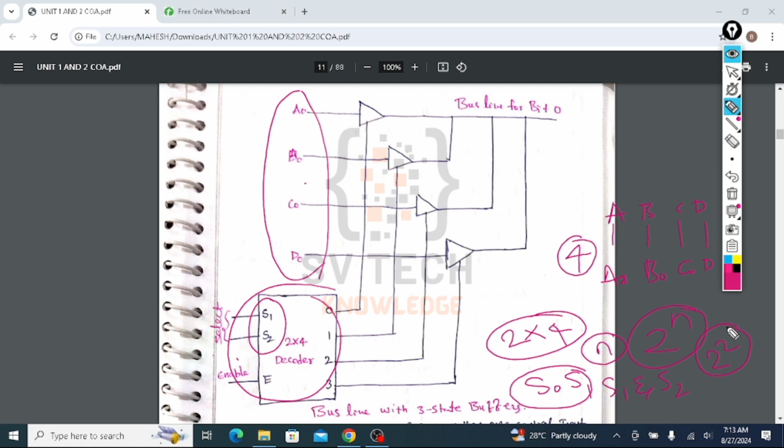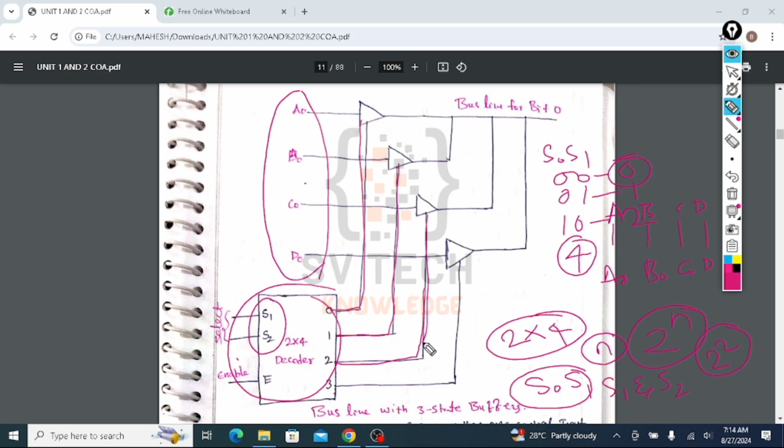If the selection lines S0 and S1 are 0 0, output 0 will be connected to A0. If the selection lines are 0 1, the equivalent decimal number is 1, so control signal 1 will be connected to the tri-state buffer. If S0 and S1 are 1 0, it is equivalent to decimal number 2, so the second control line is connected to the tri-state buffer.